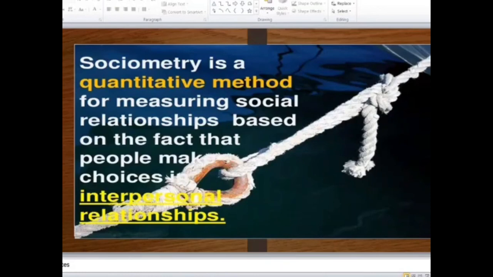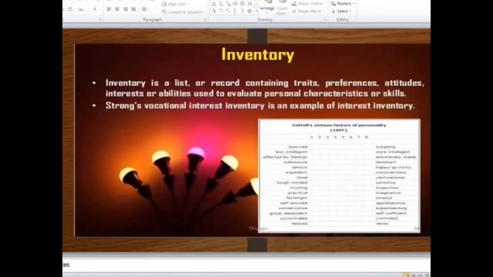And the next type is the inventory. An inventory is a list or record containing certain traits, preferences, attitudes, interests or abilities used to evaluate a person's characteristics or skills. One good example is the Strong Vocational Interest Inventory. If you want to assess the vocational interest of certain persons, we can give this inventory.